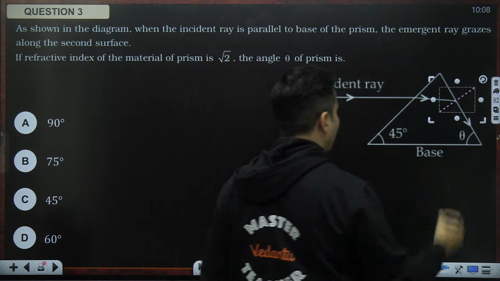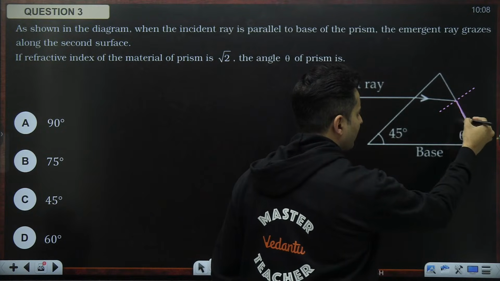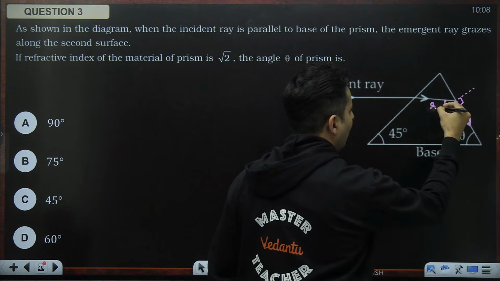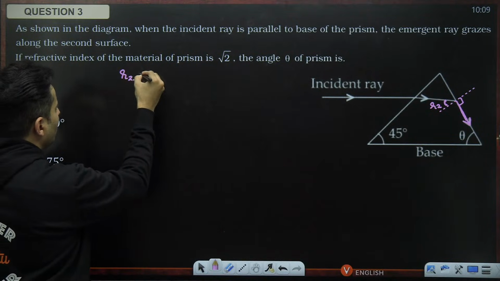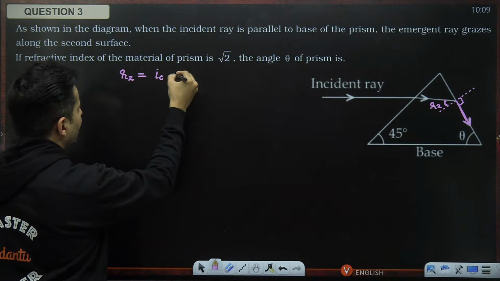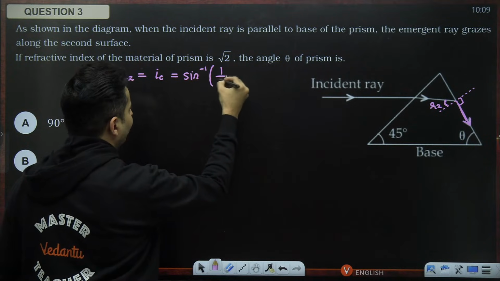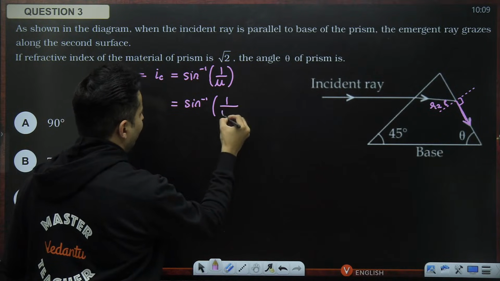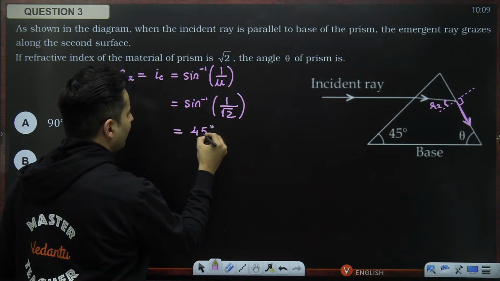First of all, if I draw a perpendicular on the second face, I know it is grazing emergence. So this R2 internal angle will be the critical angle, which is sine inverse of 1 by mu, that means sine inverse of 1 by √2, meaning 45 degrees.